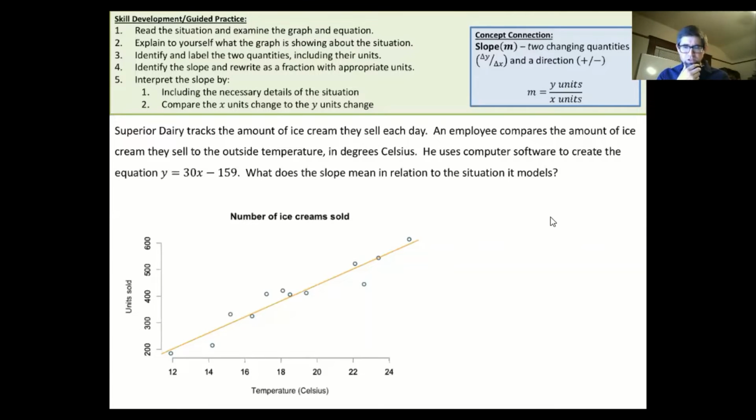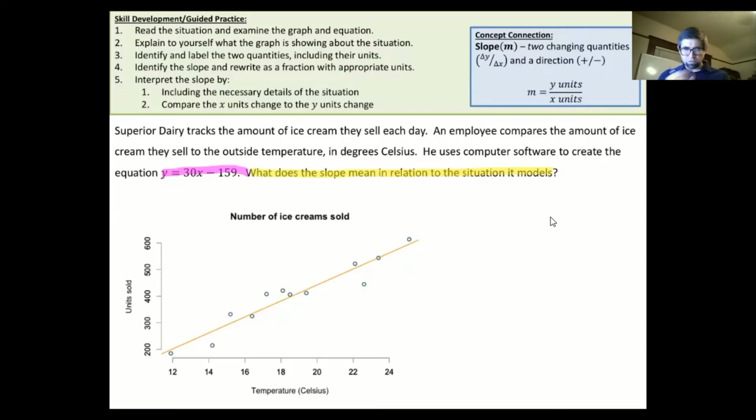He uses computer software to create the equation y equals 30x minus 159. Okay, so now I have an equation from this data set that this employee collected. And finally, the question is asking us, what does the slope mean in relation to the situation in the model?